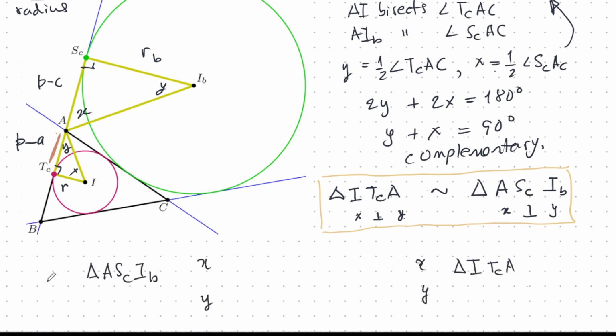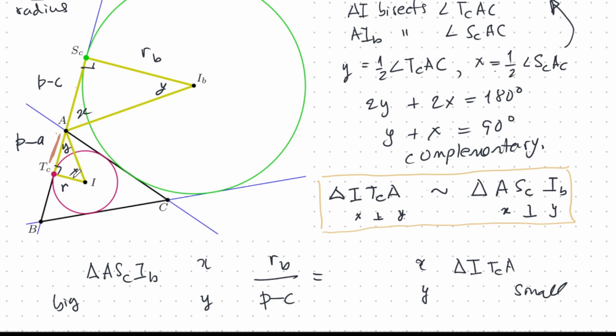So now let's set everything up. This is the big triangle, and this one here is the small one. We'll take the sides corresponding to angles X and Y. So X corresponds with RB, Y corresponds to P minus C, and this is going to be equal to, do the same for the little triangle.